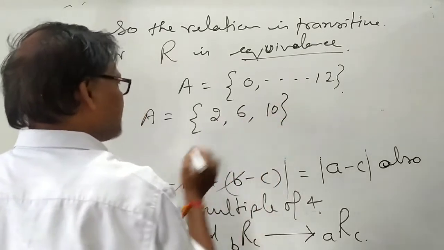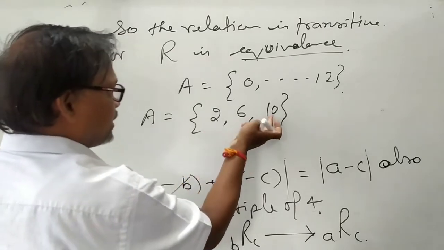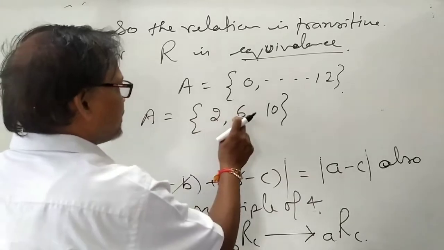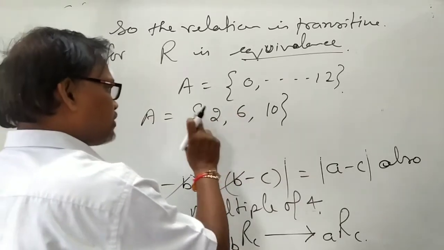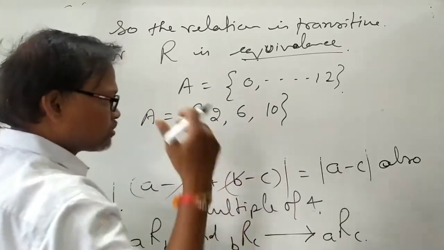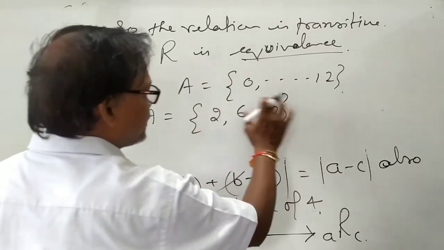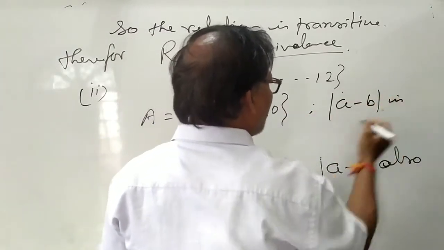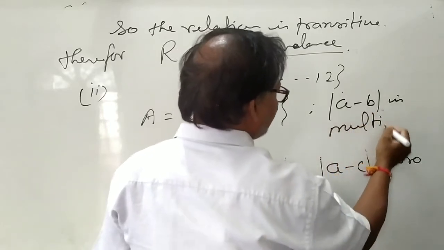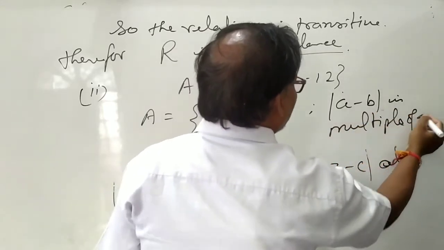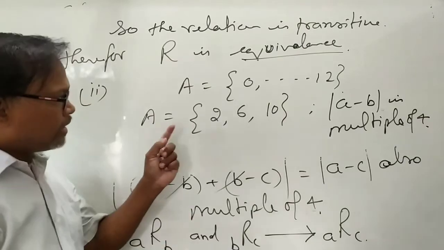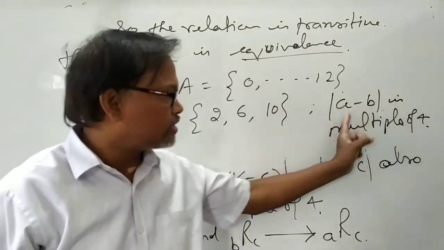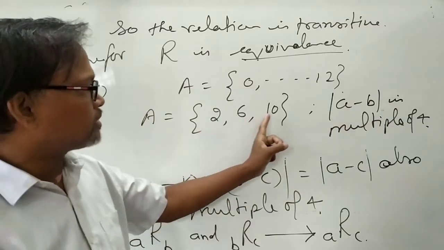One more element, that is 10. 2 minus 10 करें या 10 minus 2 करें, that is also a multiple of 4. 6 minus 2 करें या 6 minus 2, that is also a multiple of 4. तो ये will satisfy a minus b is a multiple of 4. So we can say the elements related to 2 which satisfy this condition will be 2, 6, 10.